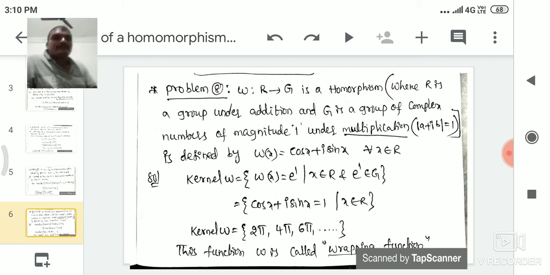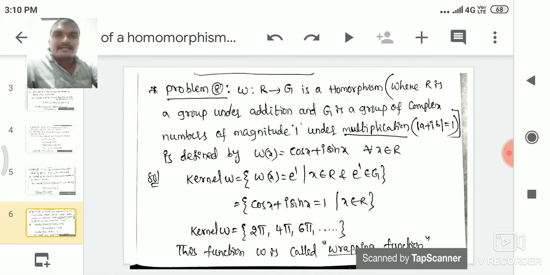G is nothing but a group of complex numbers, but the given condition is that the magnitude of all complex numbers must be equal to 1. It is defined by W of x is equal to cos x plus i sin x for every x belongs to R.